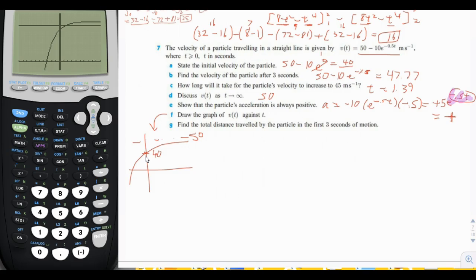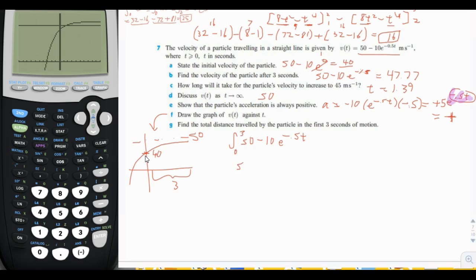G, find the total distance traveled by the particle in the first 3 seconds of motion. Okay, it's always going in a positive velocity in the first 3 seconds of motion. So we could just do a straight integral of 50 minus 10 e to the negative 0.5t from 0 to 3.